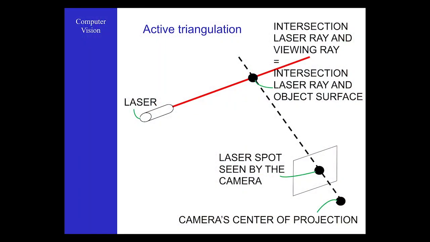But here, of course, we have the same problem as what we had for stereo already. Namely, a little bit of noise on our equation of the laser line or the projection line in the camera, and whoops, you don't have an intersection at all, right? And guess what? That is, in fact, the normal situation. So, two lines in 3D intersecting is not really normal.